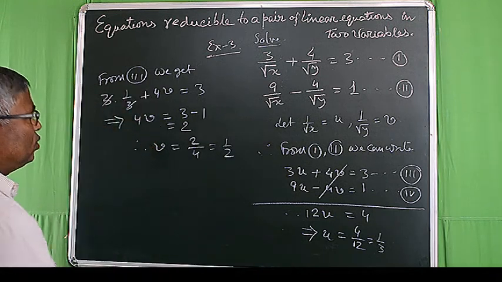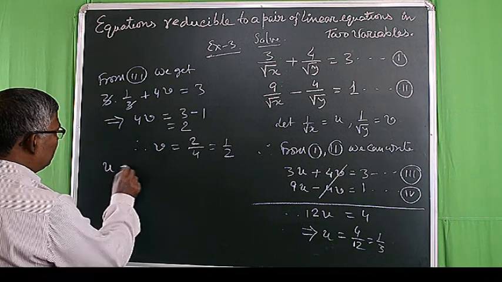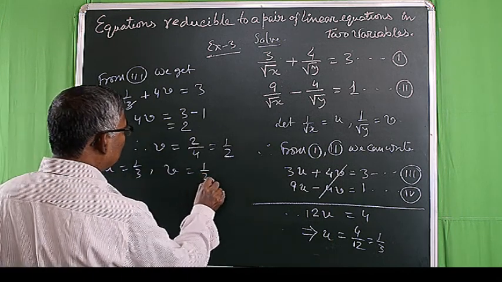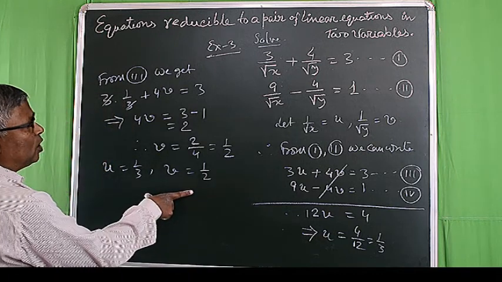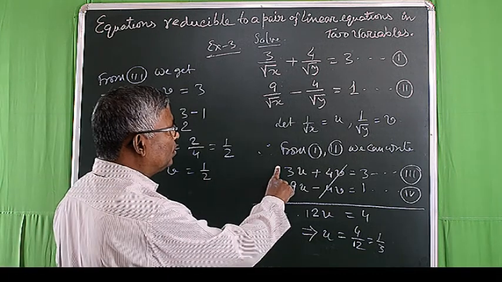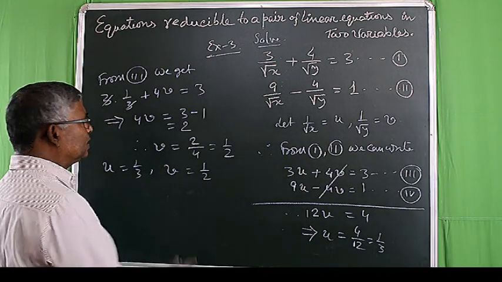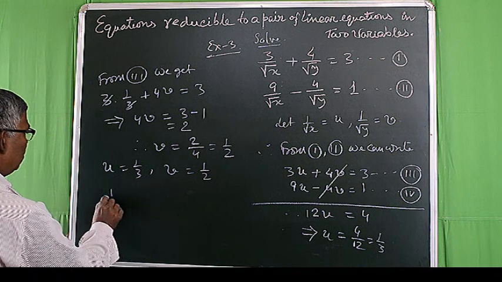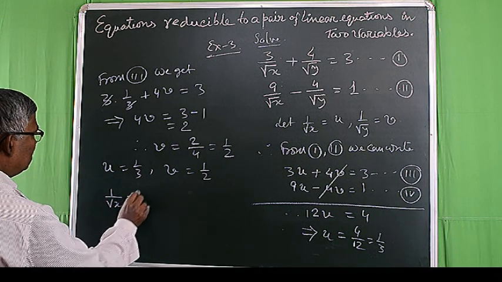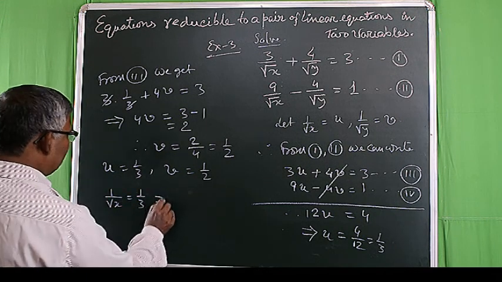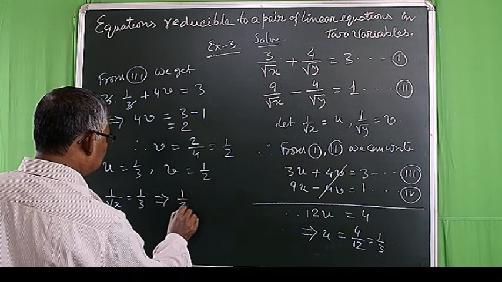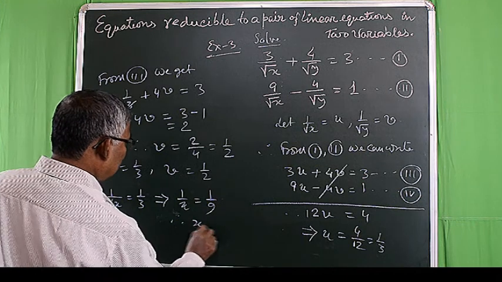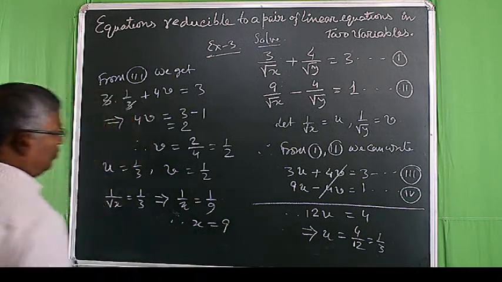Students, so we get u equal to 1 by 3 and v equal to 1 by 2, which are the solutions of equation number 3 and 4. Now let us put the value of u, that is 1 by root x equal to 1 by 3. This implies that 1 by x equal to 1 by 9. Therefore x equal to 9.